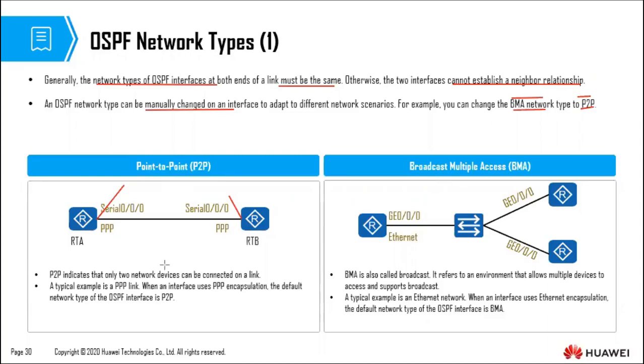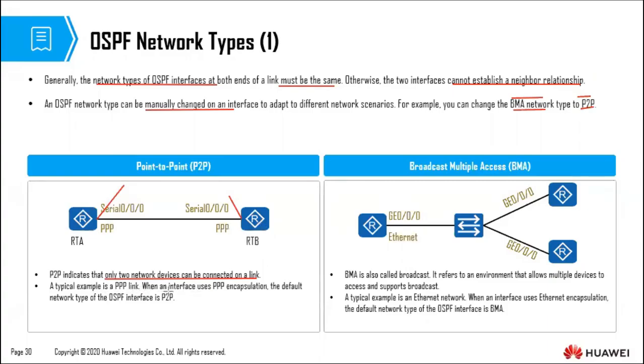So with P2P, point-to-point, it indicates that only two network devices can be connected on a link, directly connected. A typical example of P2P is a PPP link.